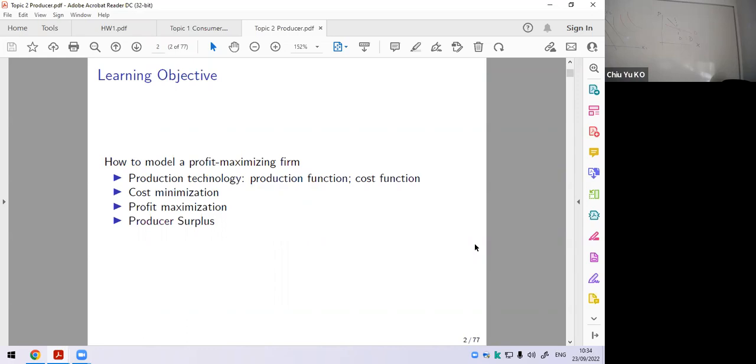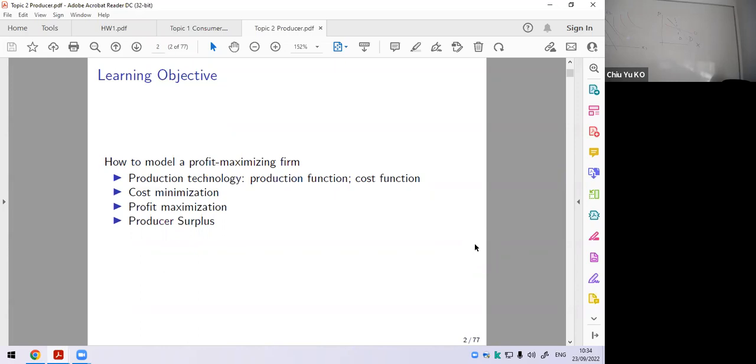We'll introduce all this, and we'll start with our technology. That is the same as how we started with preference: we start with something primitive, which is how the firm can combine inputs to produce output. Then there will be the cost minimization problem and the profit maximization problem. We have to talk about cost minimization first, because that's more general.